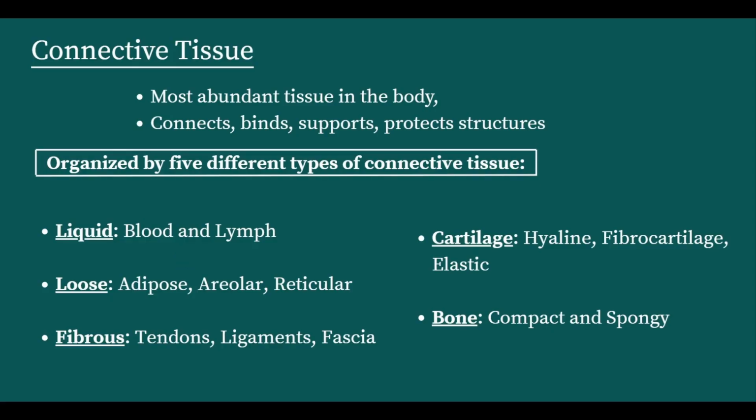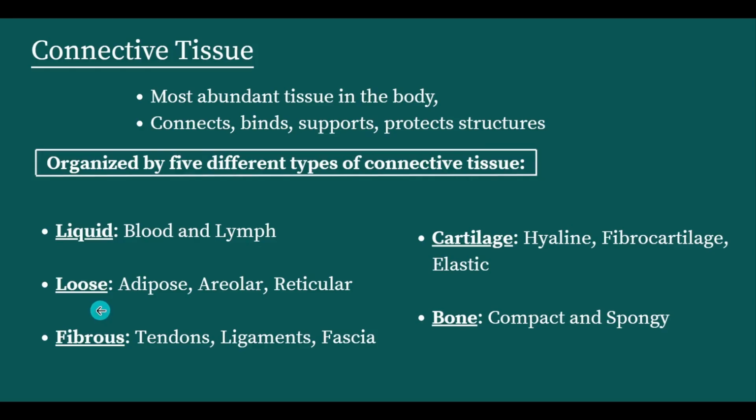I would love it if somebody wrote in the comments what kind of tissue lymph vessels are, because lymph vessels don't contract. So that's important. I don't think blood does either. So yeah, that'd be curious. I'm curious to know if lymph is a smooth muscle fiber. Blood vessels definitely are a smooth muscle fiber, but the liquid that goes through those is a connective tissue.